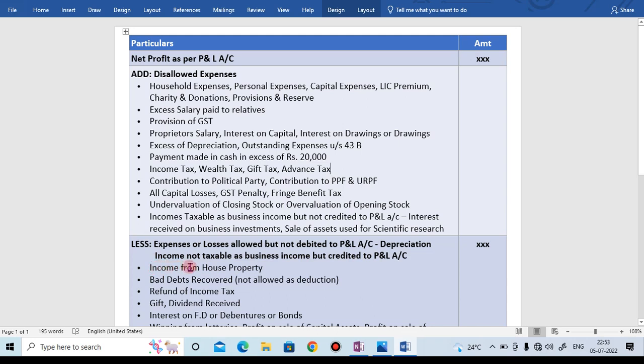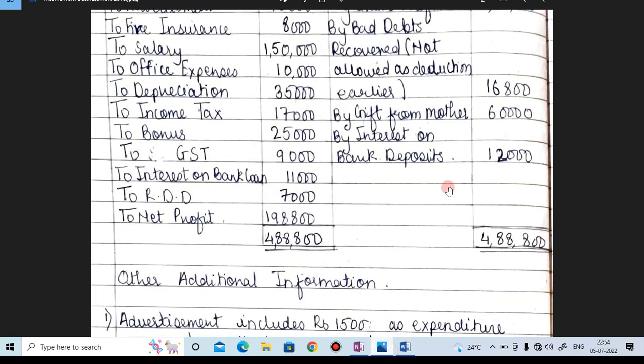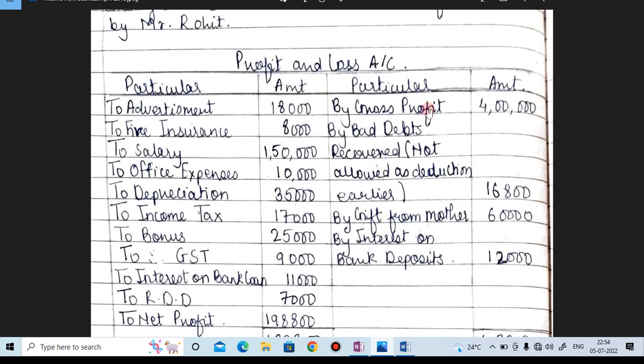Less income not taxable as business income but credited to profit and loss account. This means the income which is not related to the business but is still shown in the credit side of the profit and loss account.